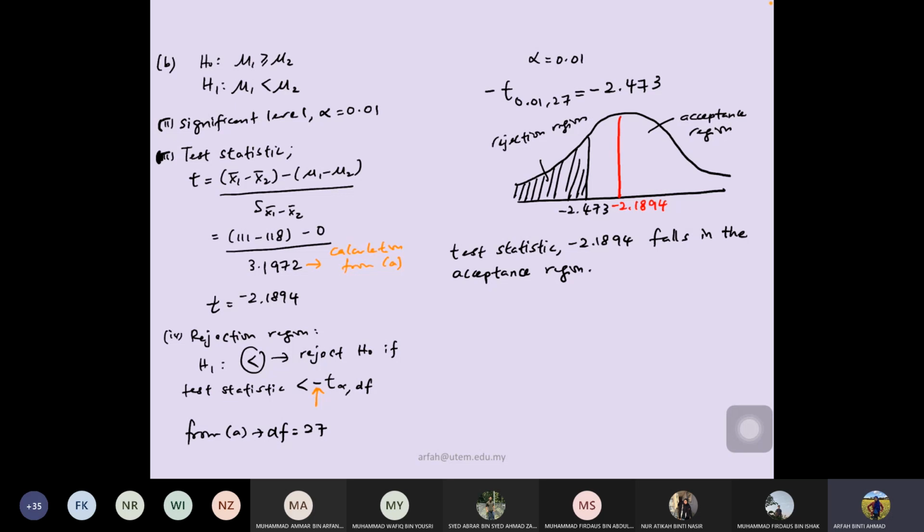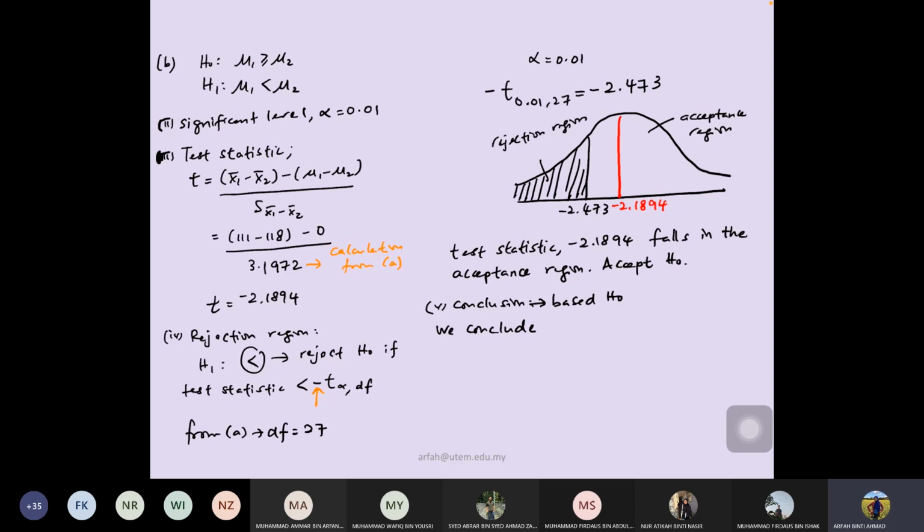Okay, so from here kita akan accept H null. So conclusion that can be made from here, we conclude so conclusion based on H null.